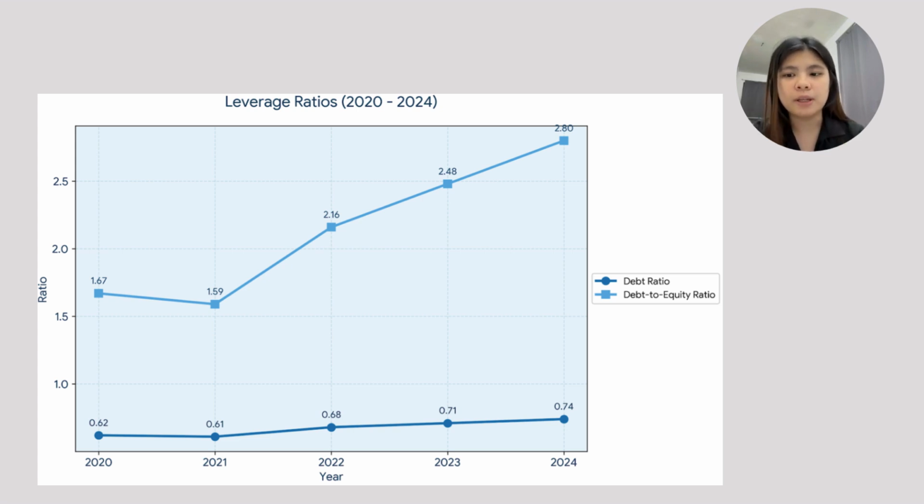Even more noticeably, the debt to equity ratio jumped from 1.67 and peaked at 2.80 by the end of the period. Nestle has been aggressively leveraging its balance sheet. This was mainly driven by huge dividend payments and large-scale share repurchases, which naturally reduced the company's total equity. With less equity and more financial debt, the leverage ratio naturally went up.